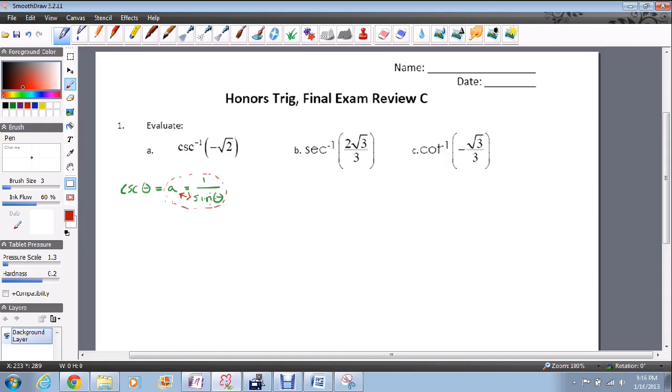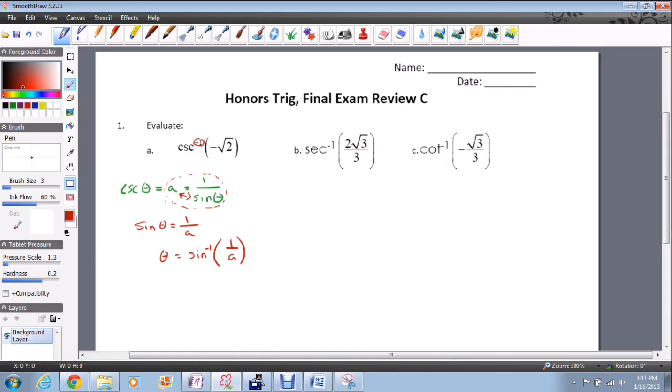It's a little algebra trick just by simply multiplying the sine on both sides, then dividing by A. So I'm going to write the sine of theta is equal to 1 over A. And now I can say, okay, well, anytime we're asked to find an inverse, they're asking for what is the angle. So this is the same thing as saying theta is equal to sine inverse of 1 over A.